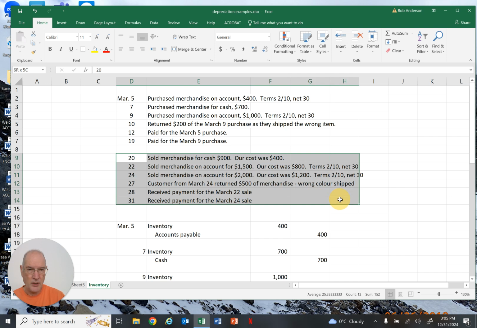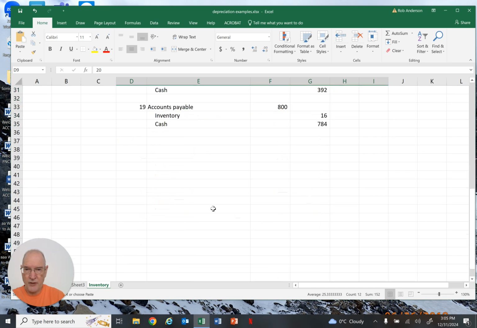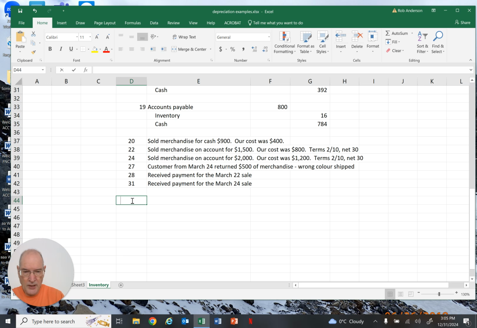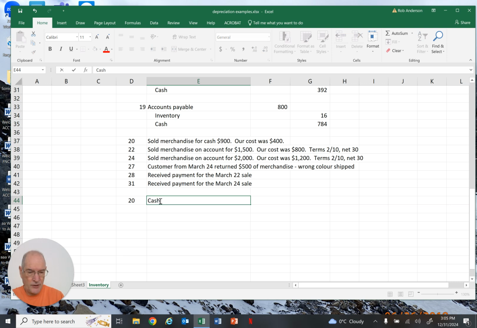Now, to minimize flipping back and forth here, I'm just going to recopy these here, and that'll make it easier. So March 20, we sell merchandise for cash. So we're going to get cash, and we're going to credit sales.